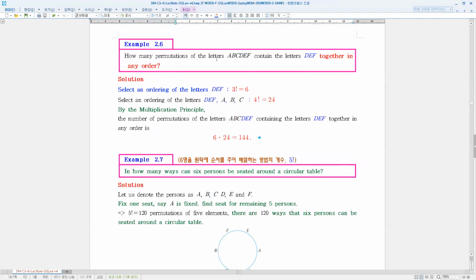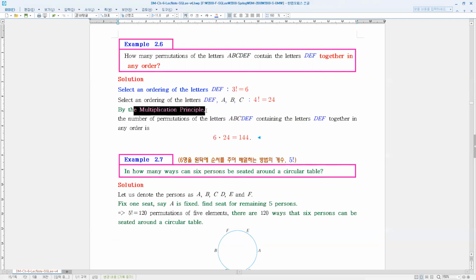So how many permutations of the letters A, B, C, D, E, F contain the letters D, E, F together in any order? First, we select and order the letters D, E, F, which is 3 factorial. So these 3 letters can be rearranged in 6 different ways. Next, the letters should be together, so we have 4 objects to permute, which is 4 factorial.